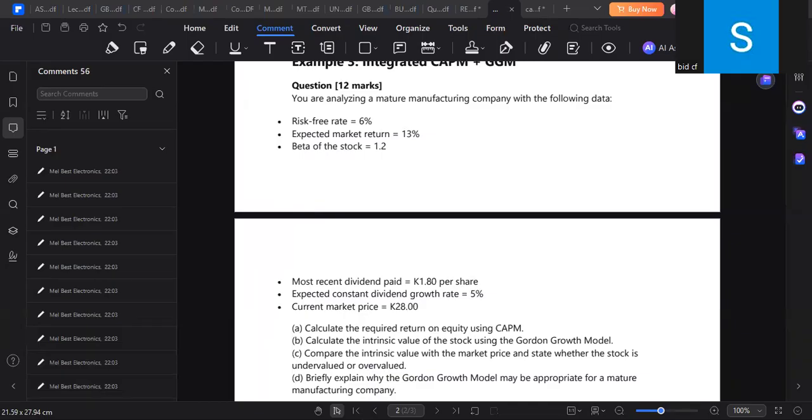Most recent dividend. Is it D0 or D1? D0, correct. So what is the formula for Gordon?